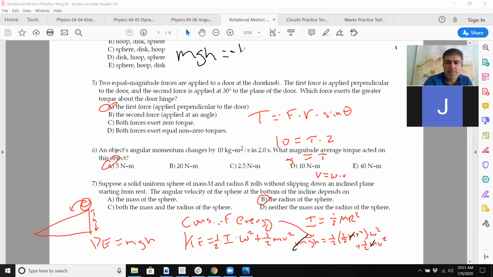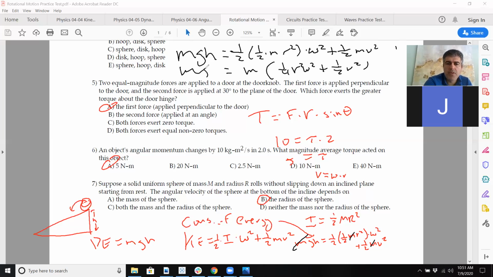So you have 1/2 times 1/2 mr squared omega squared plus 1/2 mv squared. Guess what? The m can cancel out. We have 1/4 r squared omega squared plus 1/2 v squared equals gh. The m's cancel. So you don't need mass, it won't matter.